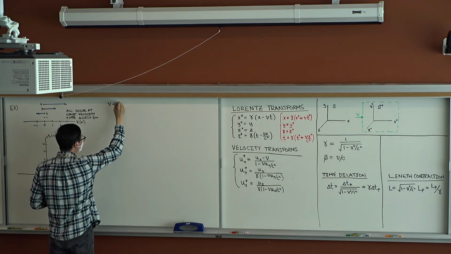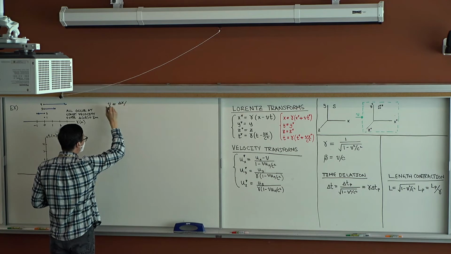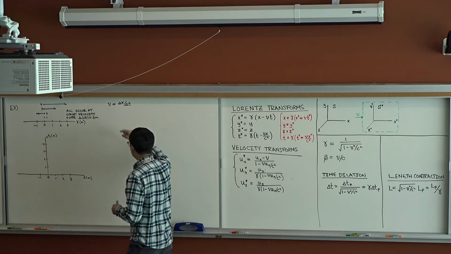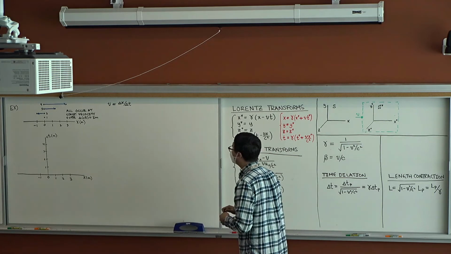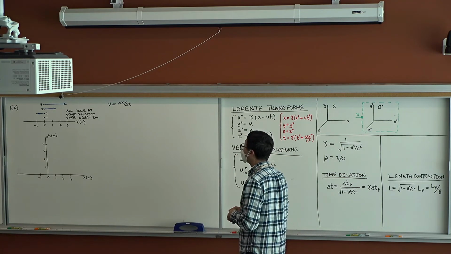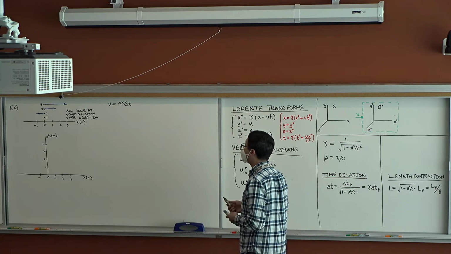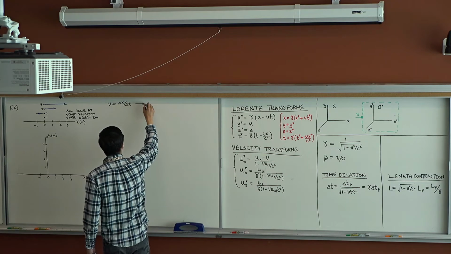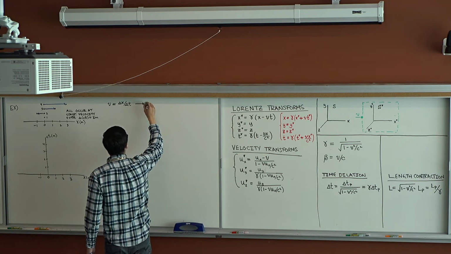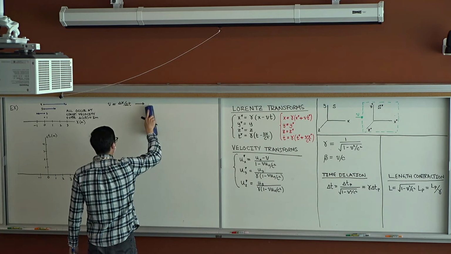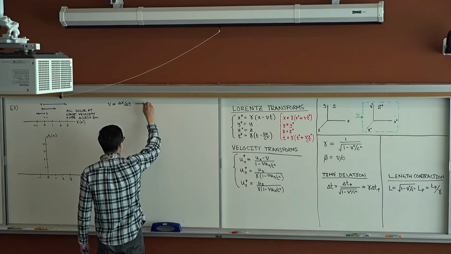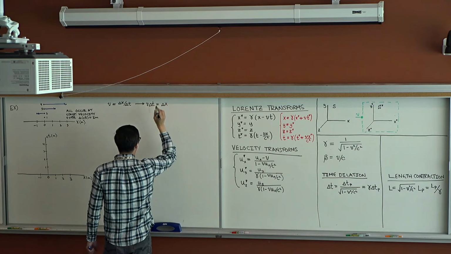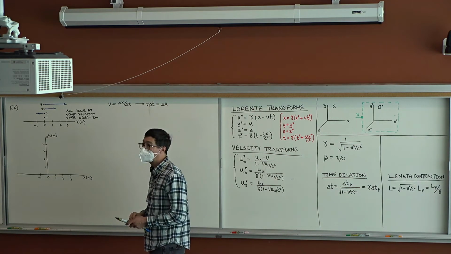But since we have that v is equal to delta x over delta t, we could say that v times delta t is equal to something with length, right?